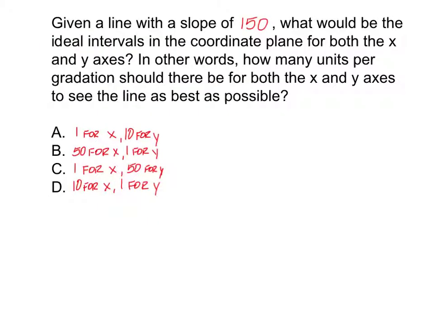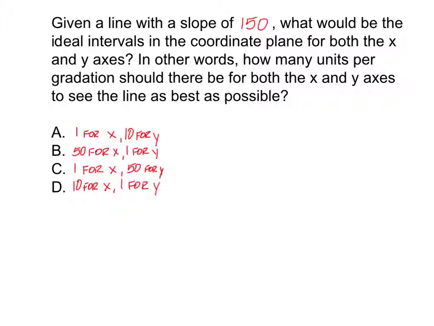So here's the problem. Given a line with a slope of 150, what would be the ideal intervals in the coordinate plane for both the x and y axes? In other words, how many units per gradation, and that big word means elevation or lowering down, should there be for both x and y axes to see the line as best as possible?